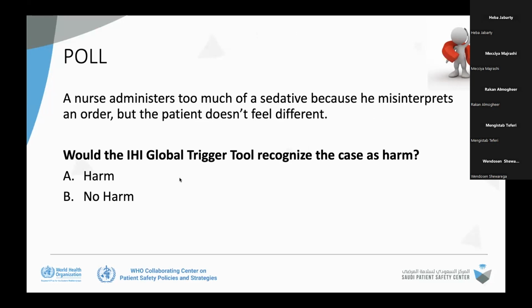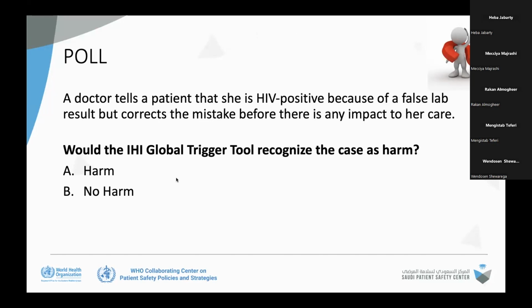The following poll: a doctor tells the patient that she is HIV positive because of a false lab result, but corrects the mistake before there is any impact on her care. Would the IHI global trigger tool recognize the case as harm? Now you know the tricks.